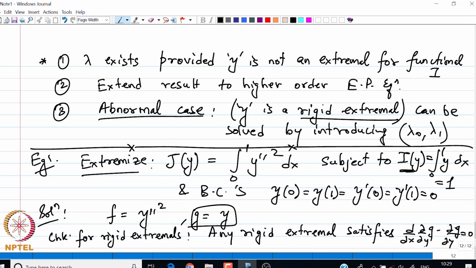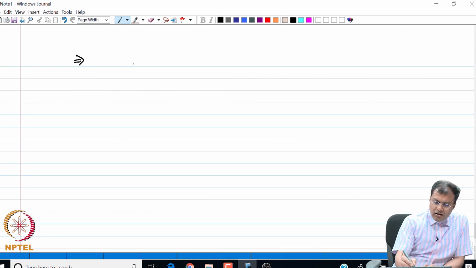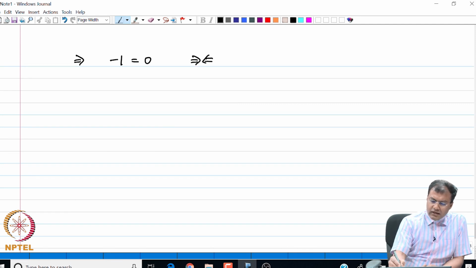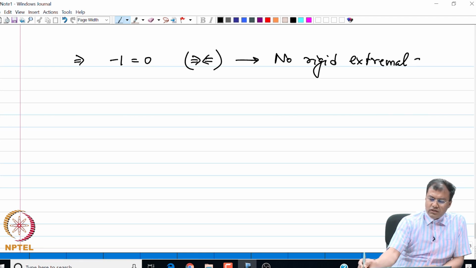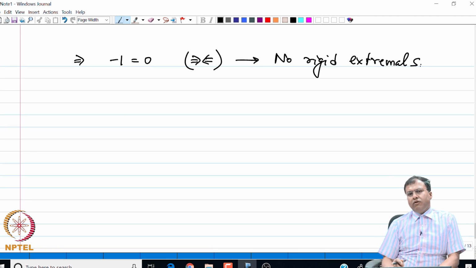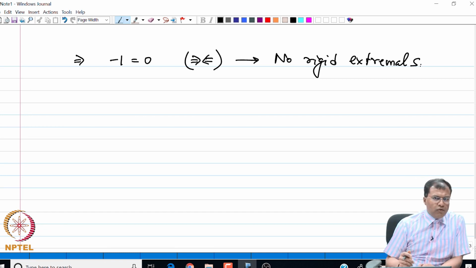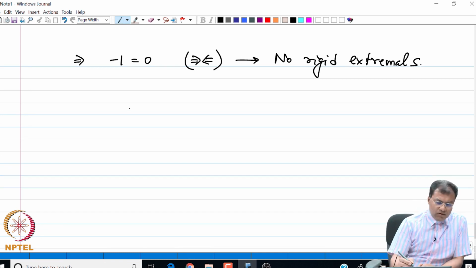Let us see what happens. Note that g is purely a function of y, so the first quantity is 0 and the derivative of g with respect to y is 1. Which means that I get minus 1 is equal to 0, a contradiction. So there are no rigid extremals to the problem. We are in good shape, in the category of normal problems, so we can peacefully solve for the extremals.